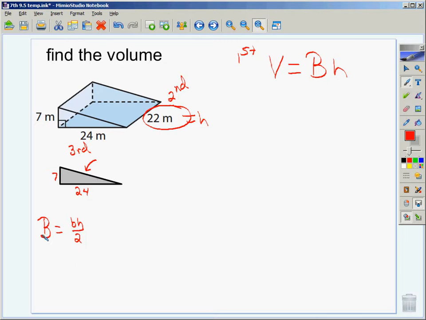Here I used an uppercase B. This is the base of the triangle. This is the area of the triangle. There's a difference. The base of the triangle is 24. The height of the triangle is 7. And I'm going to divide all of that by 2. Okay? 24 times 7 divided by 2, I believe is 84.